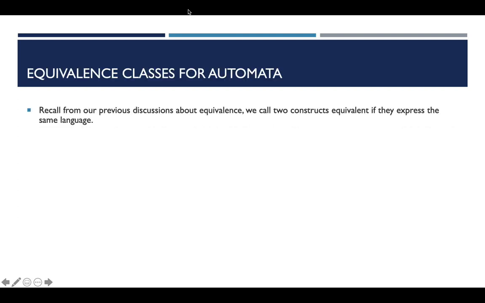All of this conversation about standard Turing machines and their equivalencies is predicated on the idea of an equivalence class. If you think all the way back to the beginning of the semester, I think lecture 2 of week 1, we talked about equivalence classes as a mathematical construct that was a prerequisite for understanding some of the content in the class.